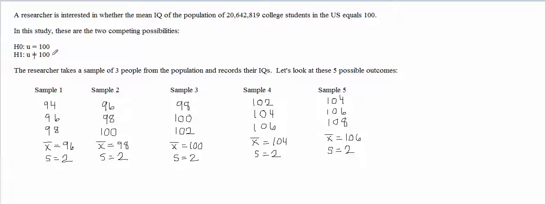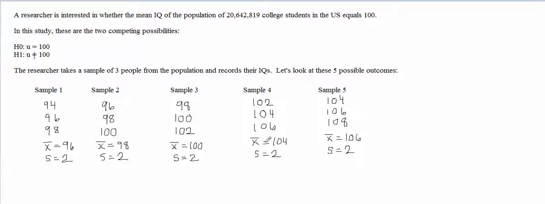The researcher can't record the IQs of all of these college students, so the researcher has to depend on a sample of the population to make a conclusion about whether the population mean appears to be 100 or not 100. The researcher is going to take one sample of 3 people, in this case, add up those 3 IQs and divide by 3 to get a sample mean.